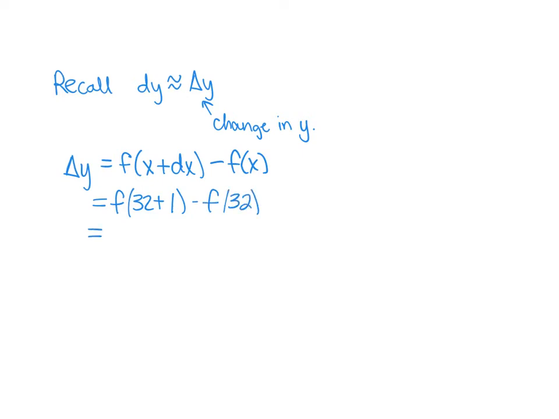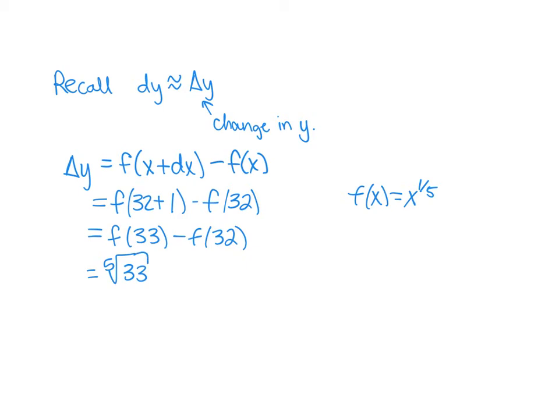So let's substitute that into our function. So recall f of x was x to the 1/5. So we have f of 33 minus f of 32. Let's substitute that in. So we have the 5th root of 33 minus the 5th root of 32, which we just did, the 5th root of 32.